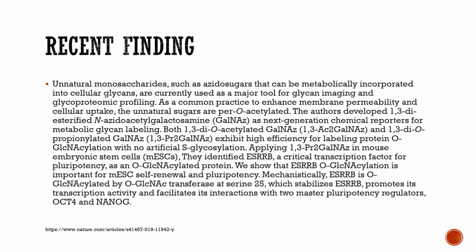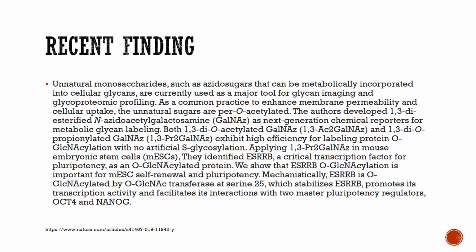In mouse embryonic stem cells, the authors were able to identify ESRRB, which is a critical transcription factor for pluripotency, as an O-GlcNAcylated protein.